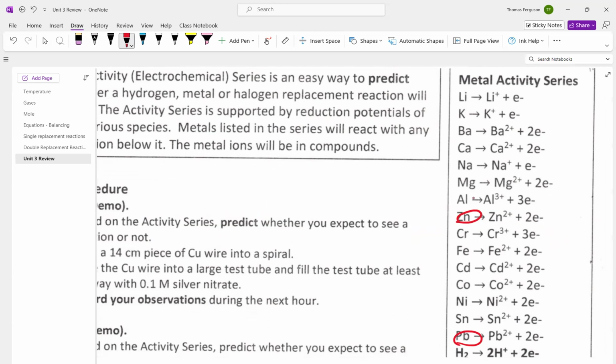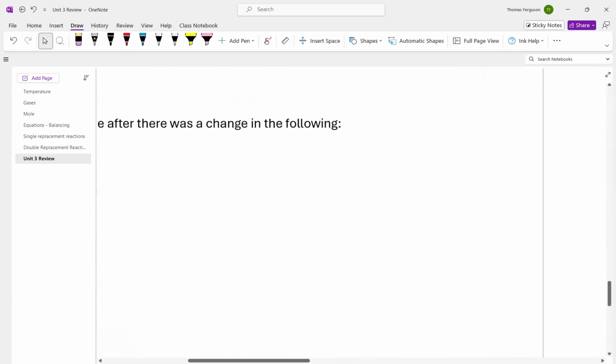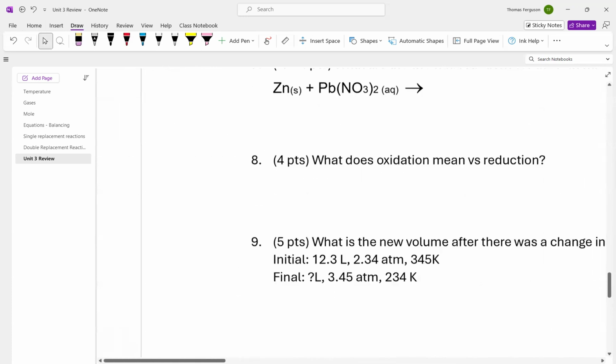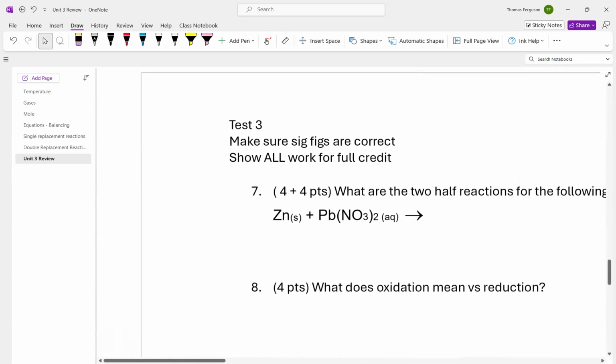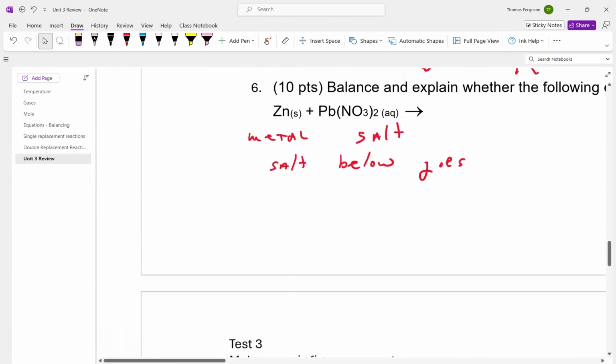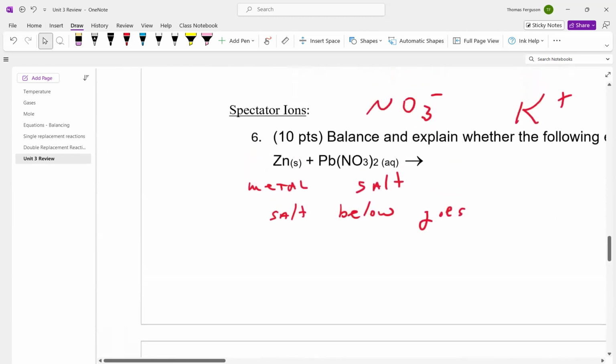Lead is. Lead below, that means the reaction will happen. So that means the zinc and the lead are going to swap places. So we have lead. We write the 0 as a superscript or S for solid.